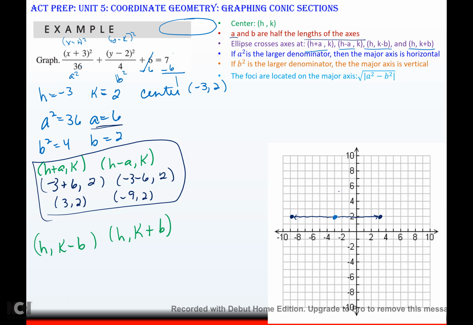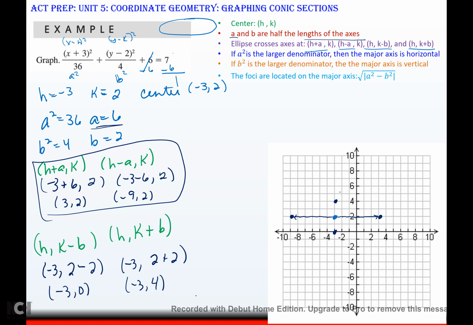Same way with finding the top 2 points. I can do the math if you want. This is going to be negative 3 comma k minus b, and my b is 2, and h comma k plus b. So this would give me negative 3, 0, and this would give me negative 3, 4. So negative 3, 0 is right here. And negative 3, 4 is right here.